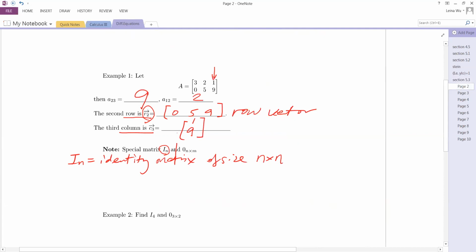What's special about our identity matrix? It's the equivalent of 1 in the matrix world. It only has ones on the diagonal, and everything else is going to be zeros.